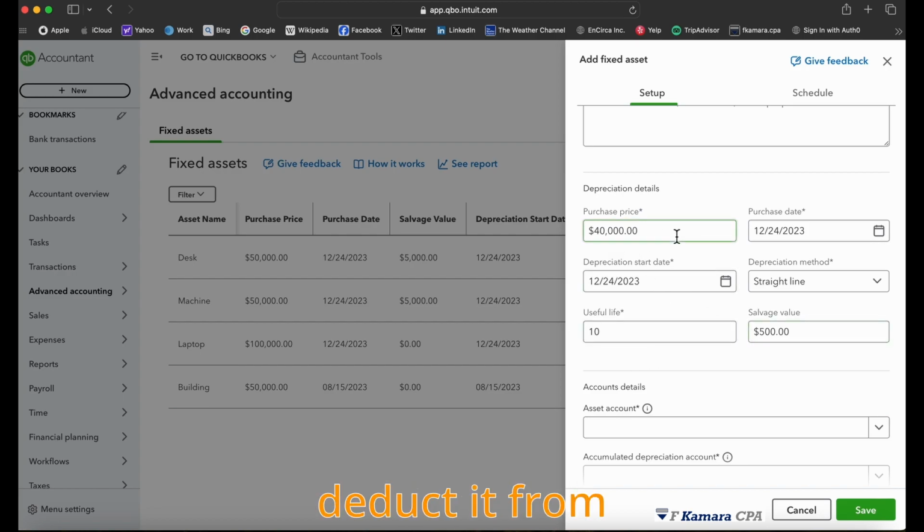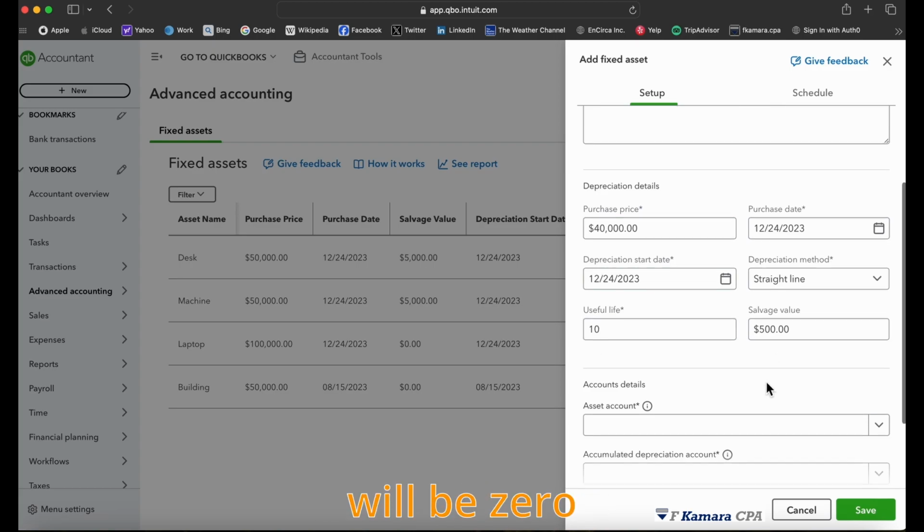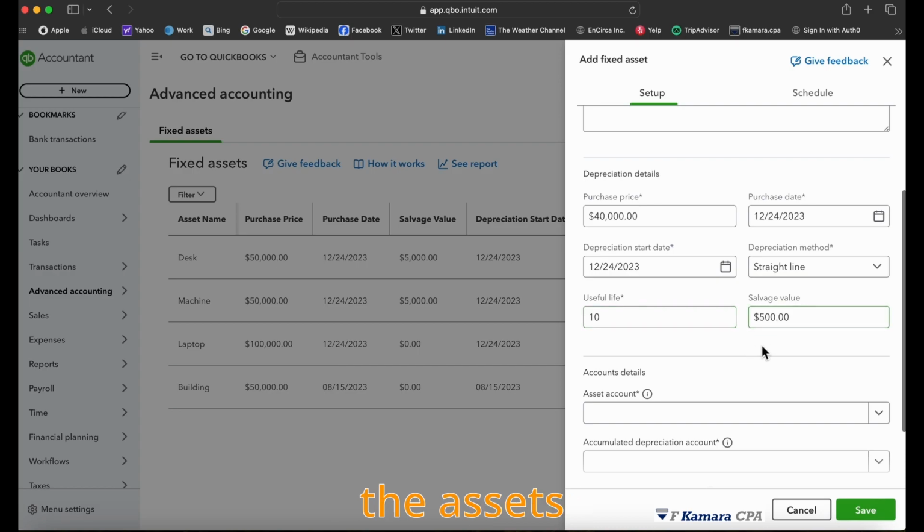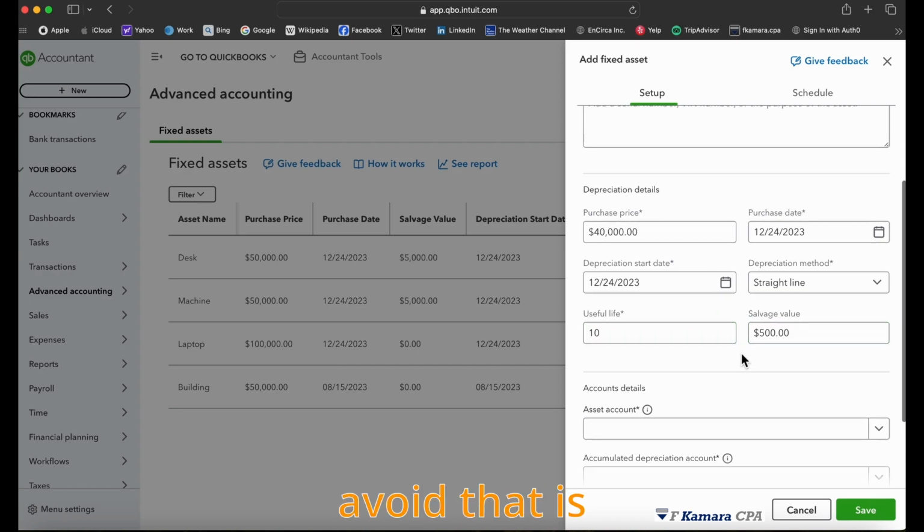If we don't deduct it from the 40,000 and just say 40 divided by 10, the remaining cost will be 0 after the 10 years. To avoid that, we deduct the 500 from the purchase price first. Once we deduct it, we know the depreciable amount, which is the amount we are going to spread over 10 years.